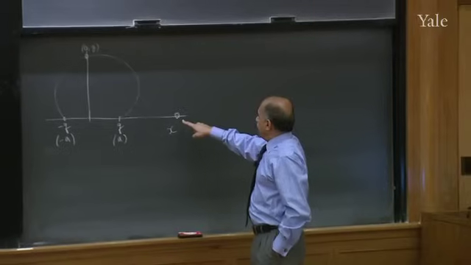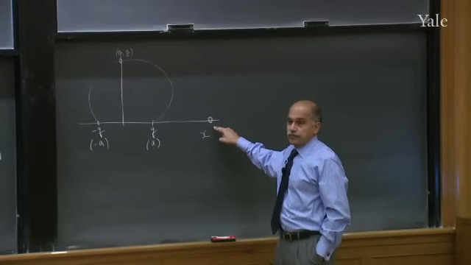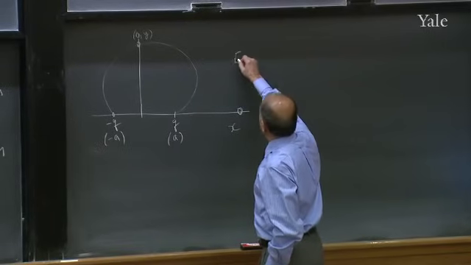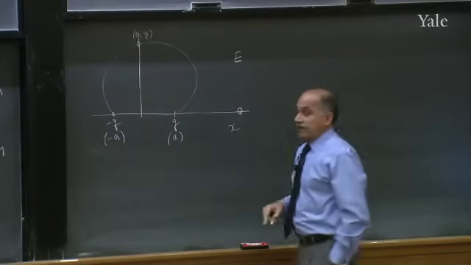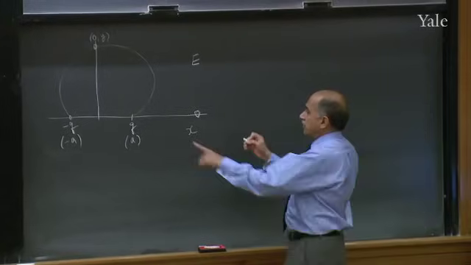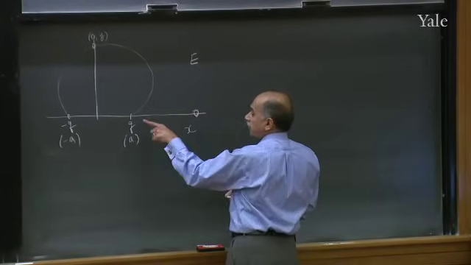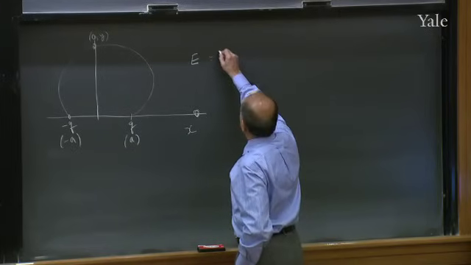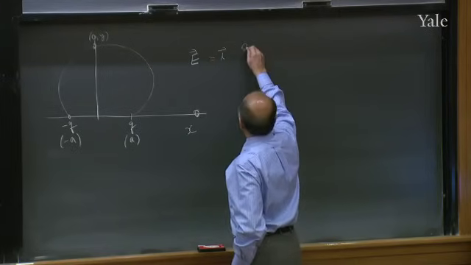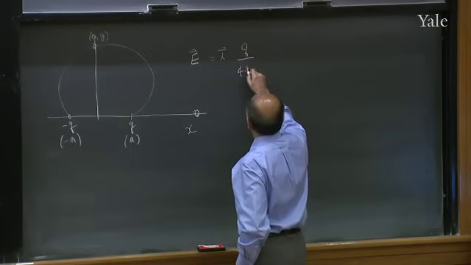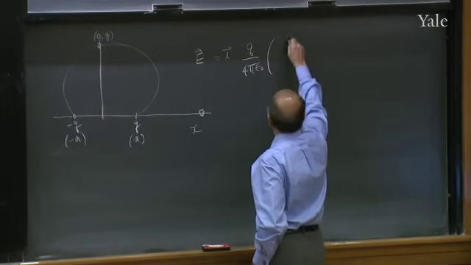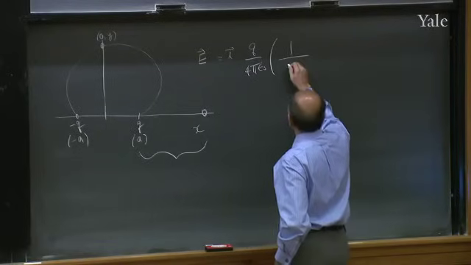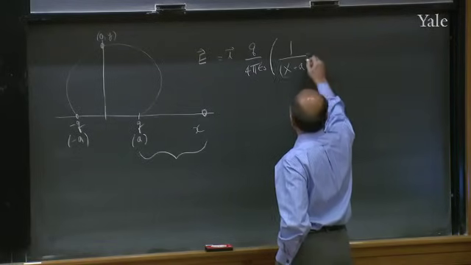So let's see what's the field at this point. The field at that point, you agree, is going to be entirely in the x direction because this is pushing it, that is pulling it. So E is going to be i unit vector times q over 4 pi epsilon 0 times that distance squared, which happens to be x minus a squared.